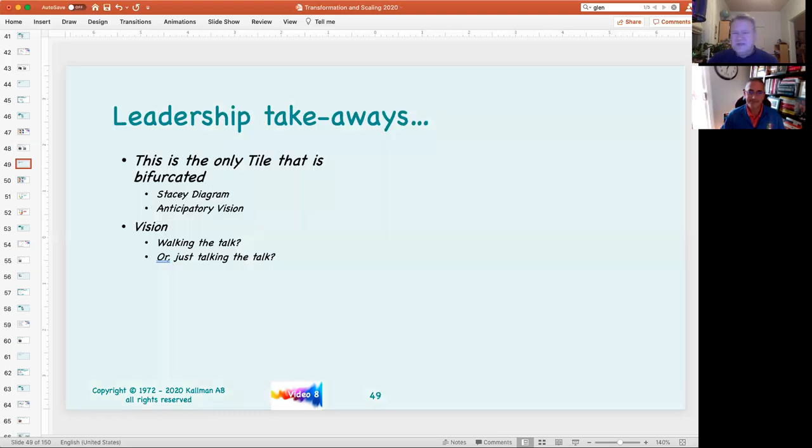And the leadership takeaways for today is that this is the only tile that's bifurcated. I've waited almost 30 years to use this in a business situation, but that just means that it's divided in two. And Glenn's going to go into that on the next slide, and he's going to chat with you about the Stacy diagram and anticipatory vision.